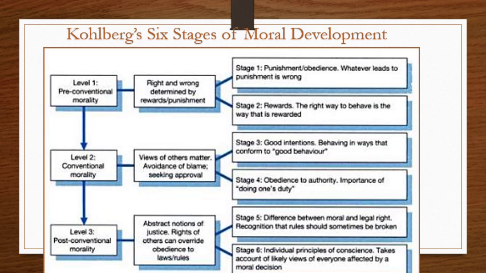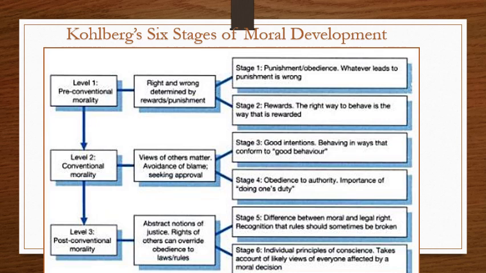Now we go down to level 2, which is conventional morality, and it focuses on the views of others, avoidance of blame, and seeking approval, and it encompasses stages 3 and 4. Stage 3 is having good intentions, behaving in ways that conform to good behavior. Stage 4 is obedience to authority, importance of doing one's duty.